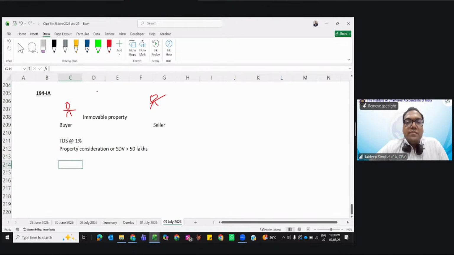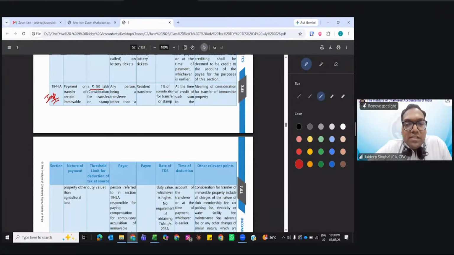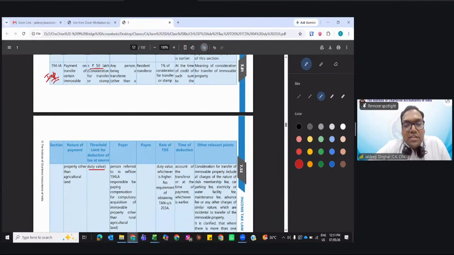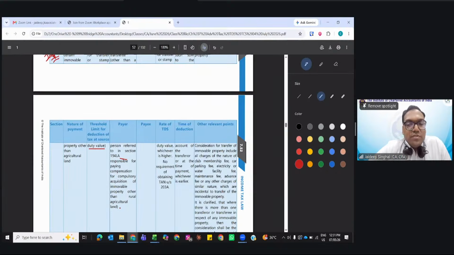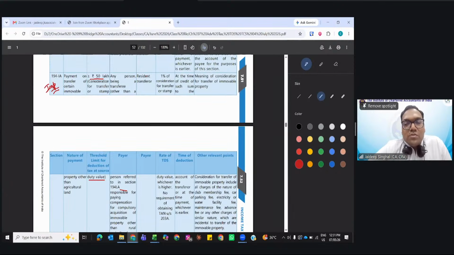It says that if the value is greater than 50 lakh, any person being a transferee, other than a person referred to in 194LA for compulsory acquisition, for which we have a separate section, must deduct 1% for a resident transferor, on the consideration or the stamp duty value, whichever is higher.